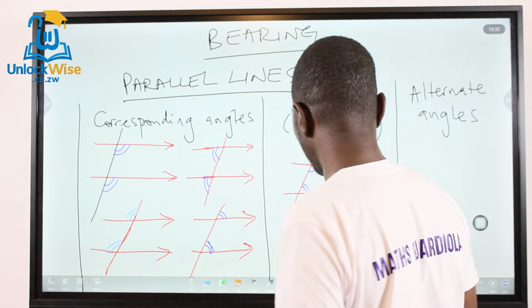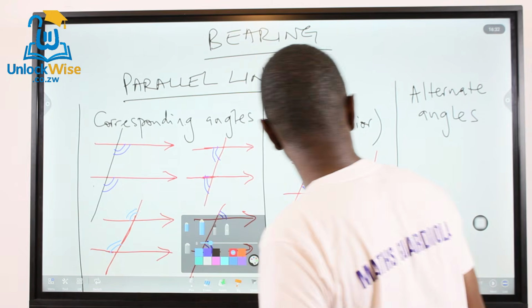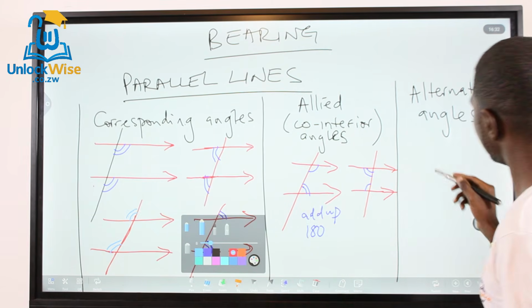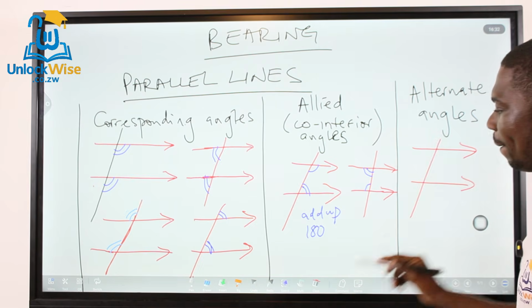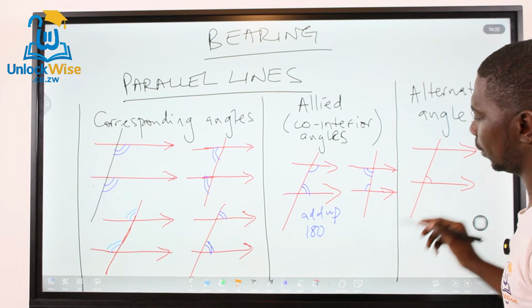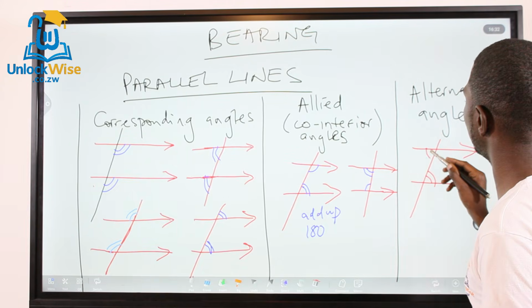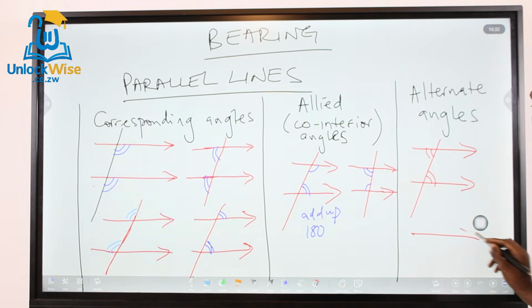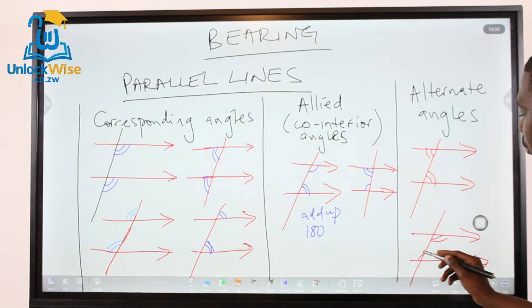And we also have what we call alternate angles, whereby this angle is equal to this one, and maybe this angle is equal to this one.